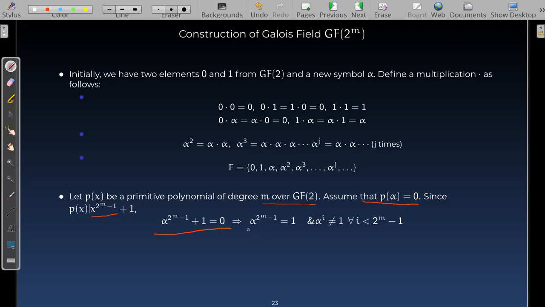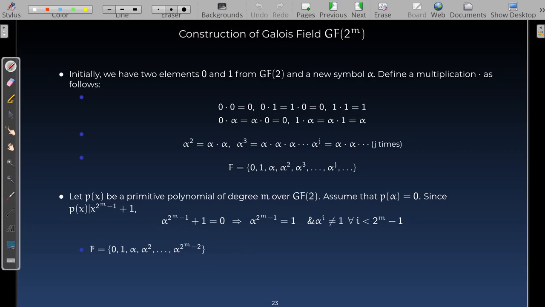So we will have alpha^(2^m - 1) equal to 1, and you can understand that this is the only value at which it becomes 1. In this manner, alpha^i is never going to be equal to 1 for all i less than 2^m - 1.